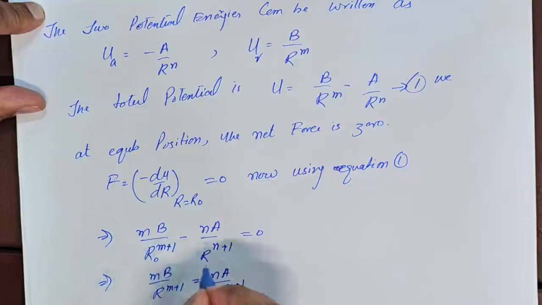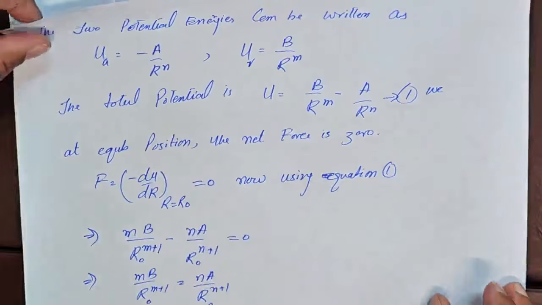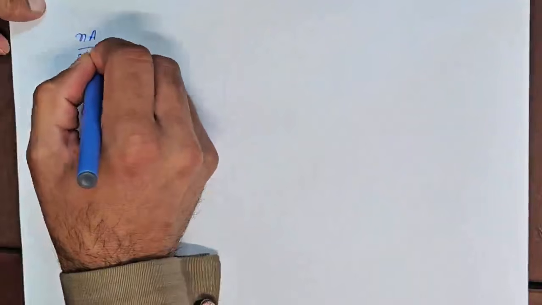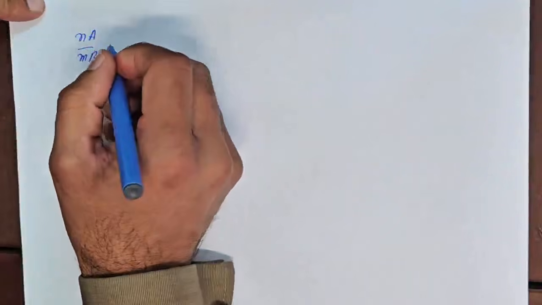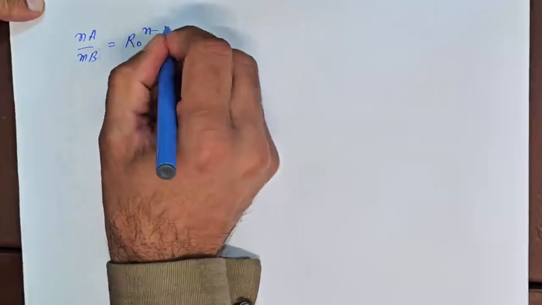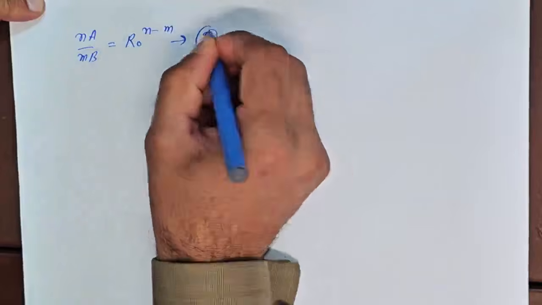Here r will now be replaced by r naught as mentioned in the condition. By further simplification, nA divided by mB is equal to r naught^(n minus m). This is equation 2.